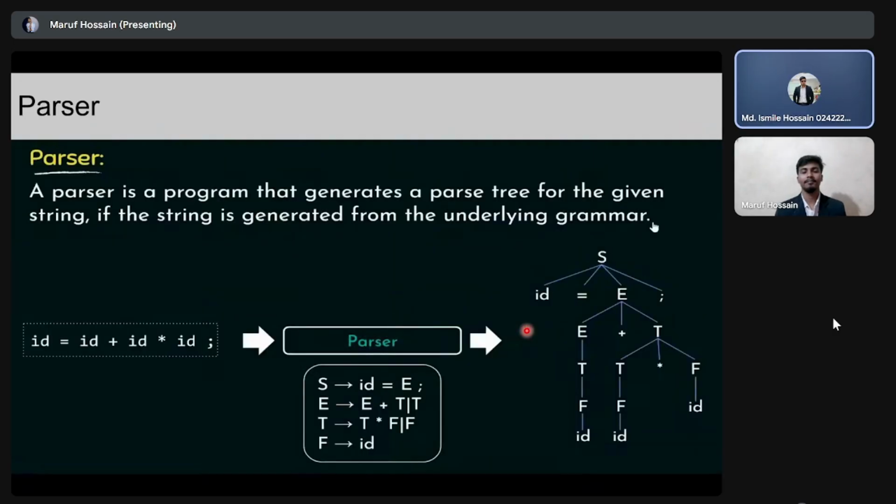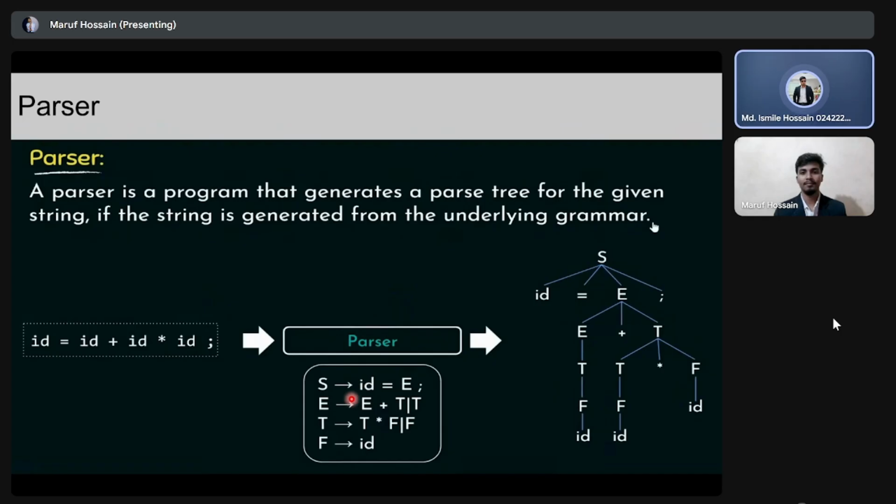First of all, we need to know what a parser is. A parser is a program that takes an input string and an underlying grammar and generates a parse tree for that string. If the string can be derived from the grammar, the parser is successful. Look at the example on the screen.